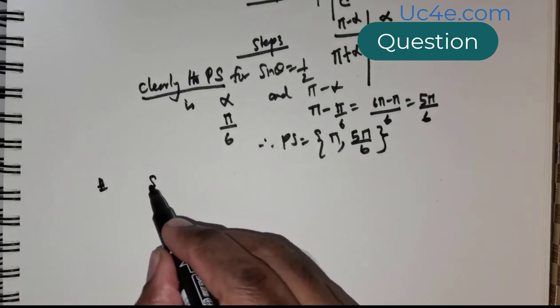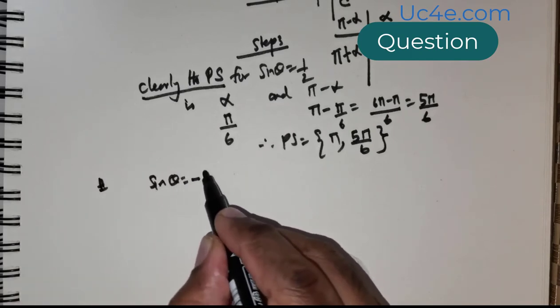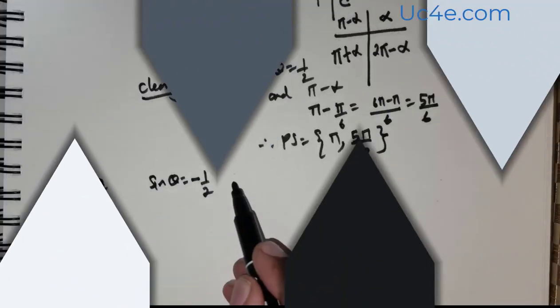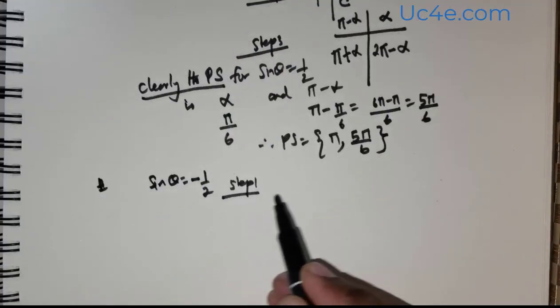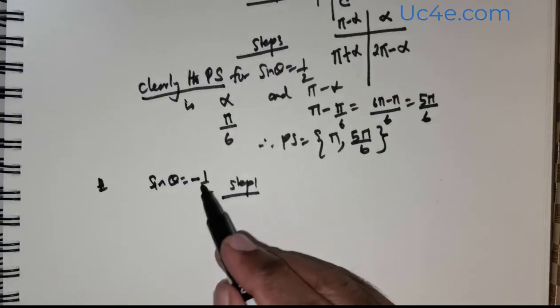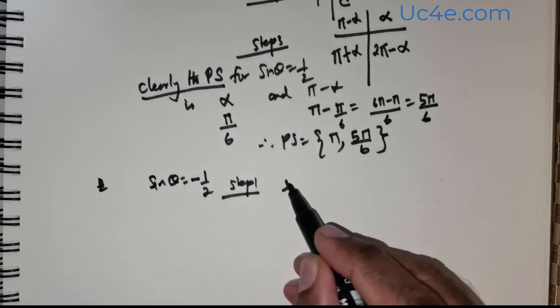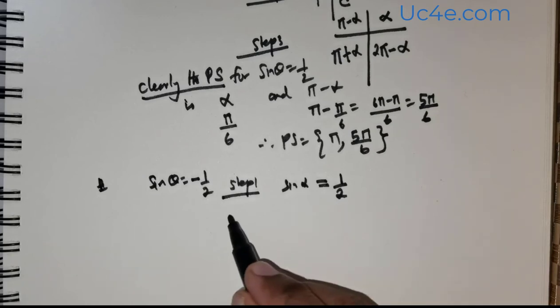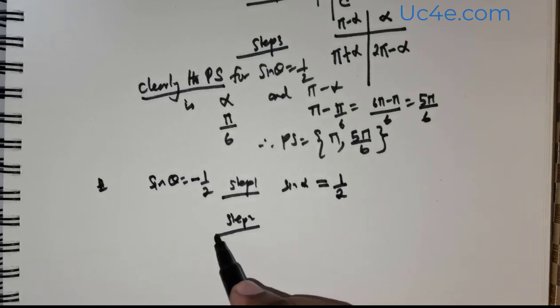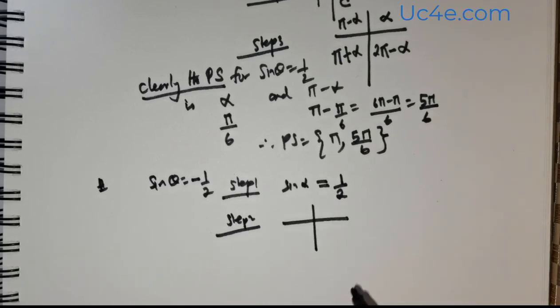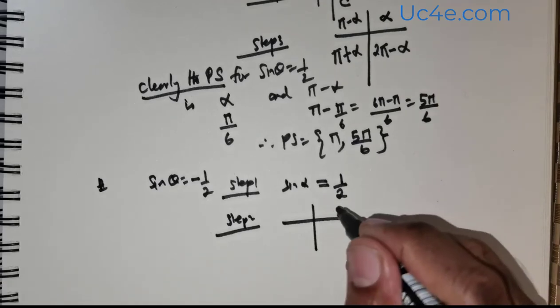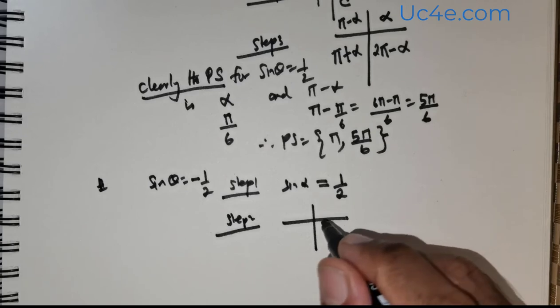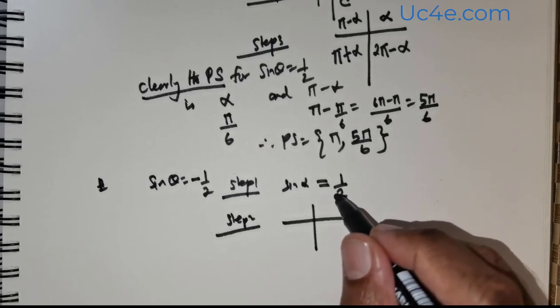So we are given in this case sine theta is equal to negative 1 over 2. According to step 1, we take the modulus of this value, negative 1 over 2, and write it in this fashion: sine alpha is equal to 1 over 2. Now step number 2 is to find out where exactly we would get 1 over 2, and the sign has to be negative.